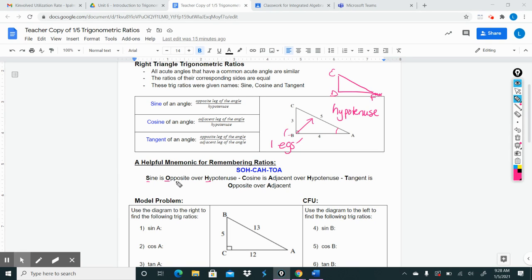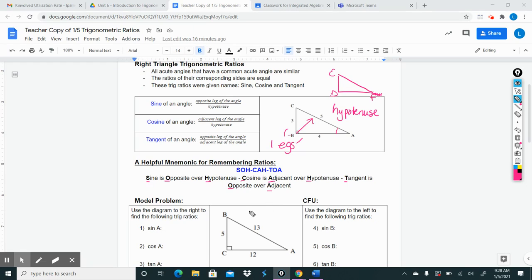CAH: cosine is adjacent over hypotenuse. TOA: tangent is opposite over adjacent. SOHCAHTOA is a very helpful mnemonic for what we're going to be doing over the next couple weeks.